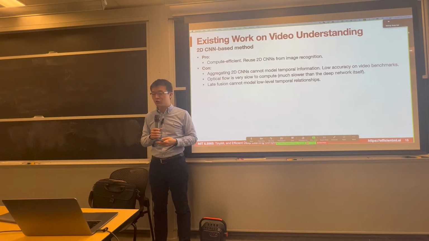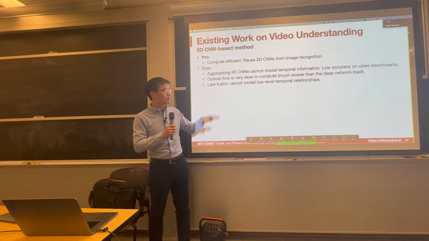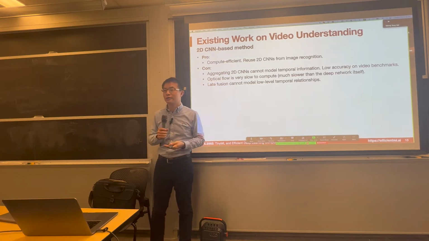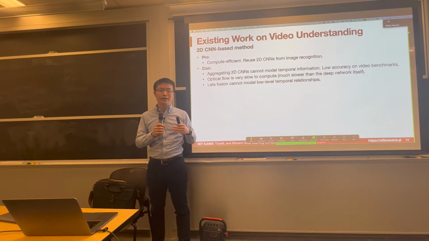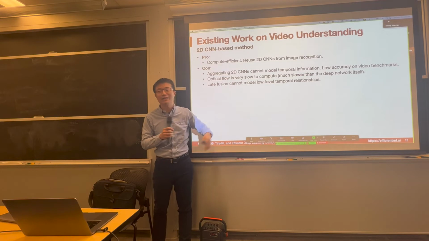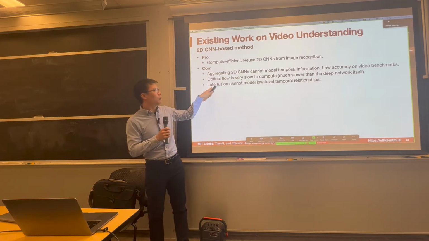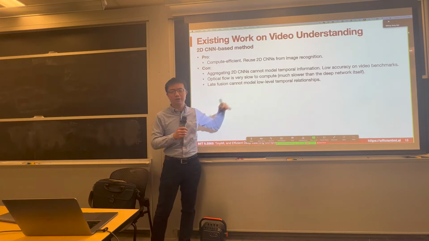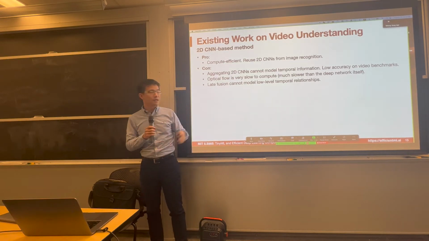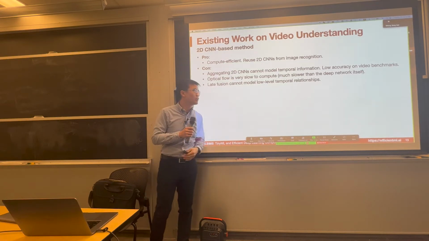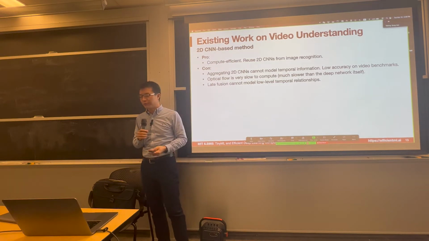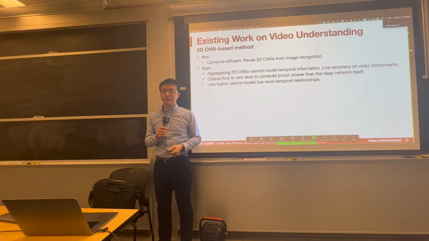The fusion is just too late. For the second method that requires optical flow, actually calculating the optical flow itself is pretty computationally intensive, so it's not computationally efficient. Or we can use an LSTM, but such late fusion cannot model those low-level temporal relationships either.